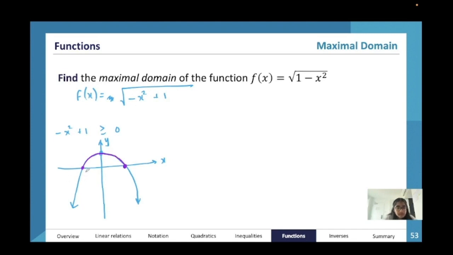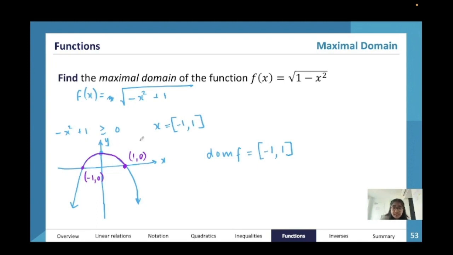So these points, this is (-1, 0). This is (1, 0). So those are our endpoints. And so the domain of this graph, x is from -1 to 1. So the domain of this function is -1 to 1. So it's a smaller domain here.